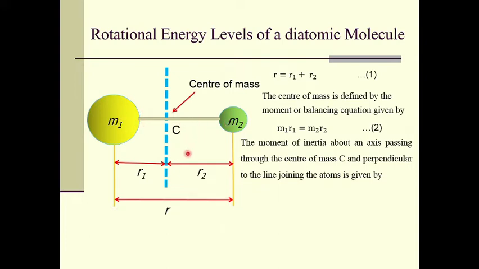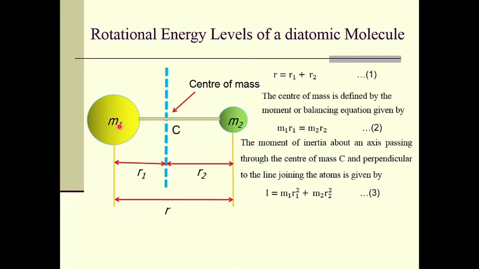And this moment of inertia we know is given by I is equal to m1 r1 square plus m2 r2 square, since moment of inertia is the product of mass into square of the distance from the axis of rotation, right.